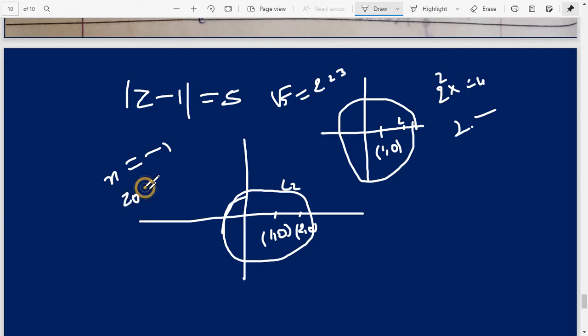Z0 is inside the circle, so the integration is equal to 2 pi i.